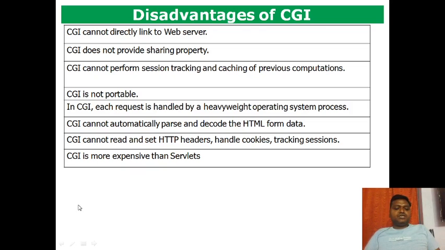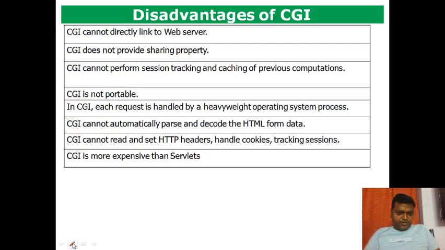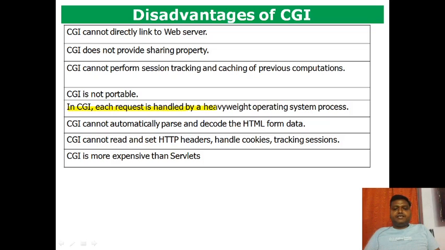And this is what I have been highlighting in this class. CGI, each request is handled by a heavyweight operating system process. That is the major disadvantage that will be overcome in servlets.